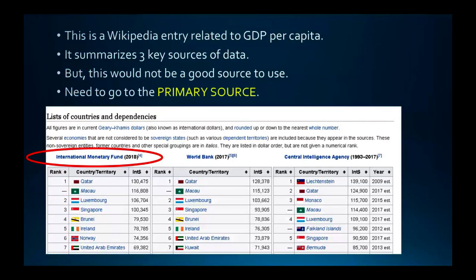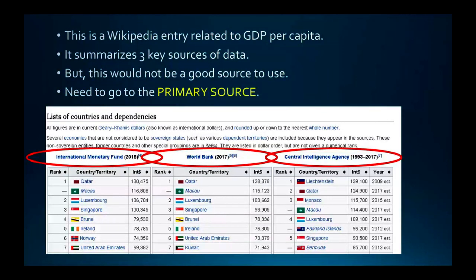Whoever authored this has taken information from the International Monetary Fund, which collects data, and from the World Bank, which collects data, and the Central Intelligence Agency, which collects data, and it reports rankings of GDP per capita from 3 different sources.